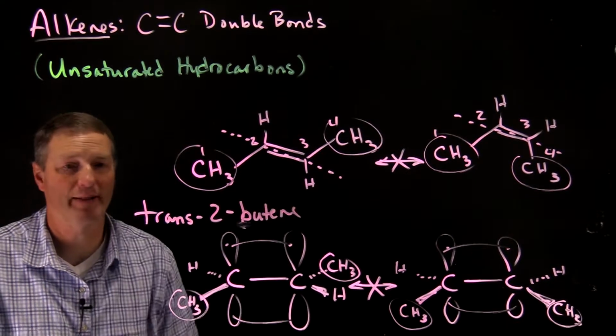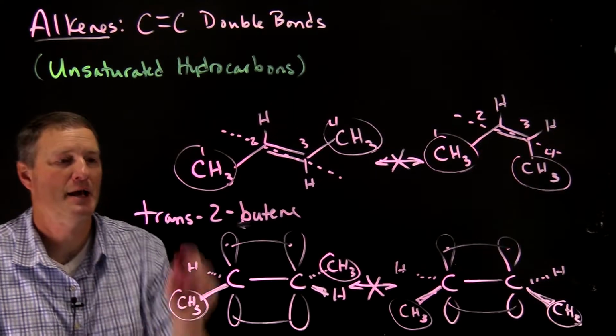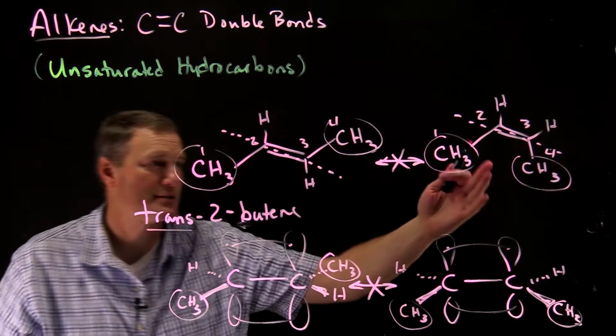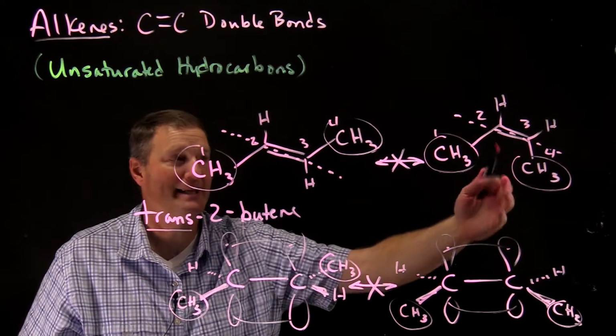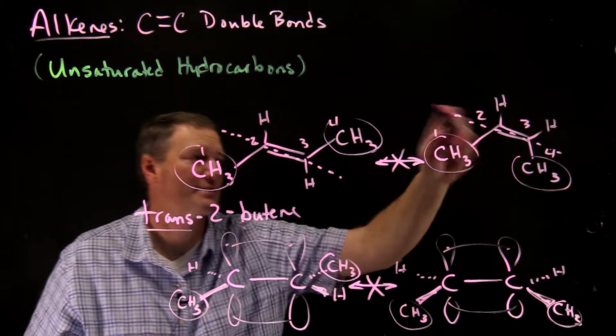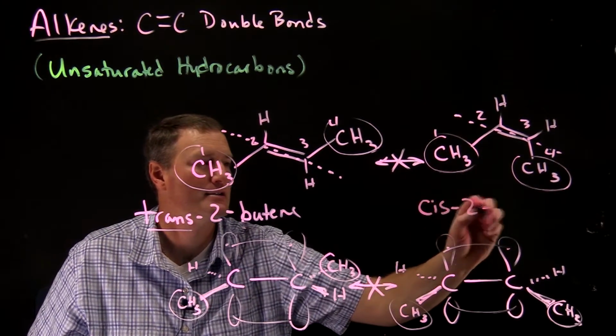This is a butene molecule, and the carbon-carbon double bond is starting at the 2 position, but I indicate that it's a trans-2-butene. Conversely, this 2-butene is a little bit different. The 2 methyl groups are on the same side of this imaginary line, so this is going to be called cis-2-butene.